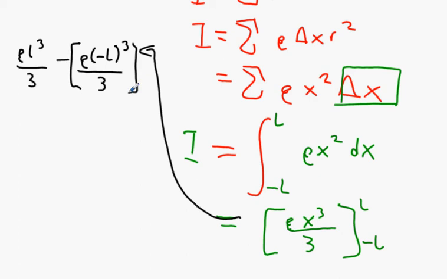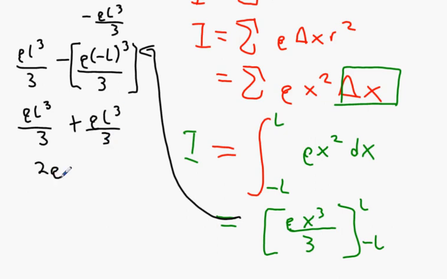That turns out to be minus rho L cubed over 3, and a minus by a minus makes a plus. So it's going to be rho L cubed over 3 plus rho L cubed over 3, and that gives me 2 rho L cubed over 3.